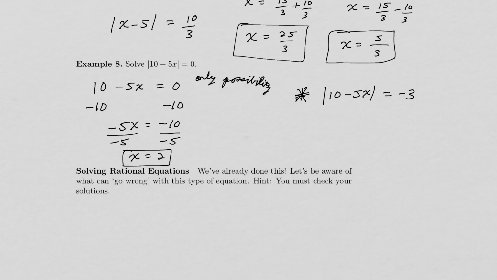Remember, by definition, it's distance from 0. Distance is always positive. This can't happen. So if you get something like this, or if you rearrange the equation and you get this, then the answer is there's no solution to this equation.